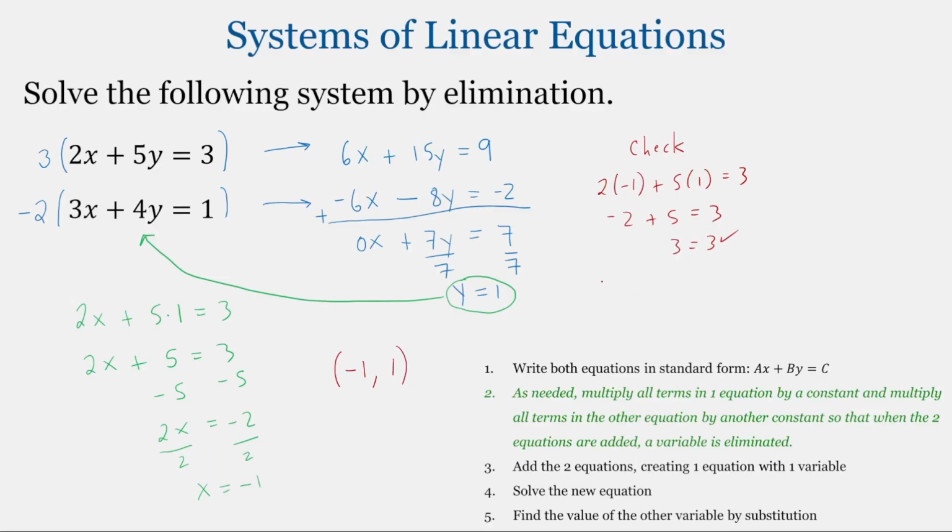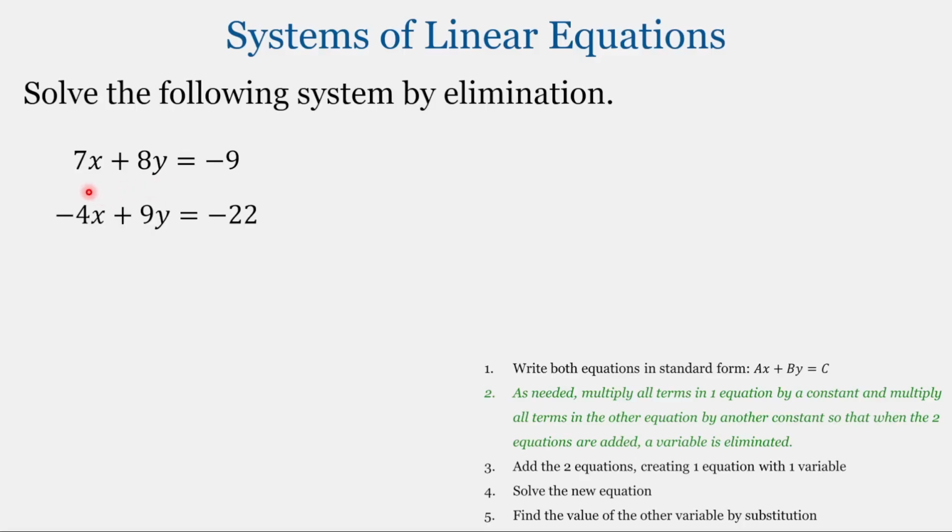With the second equation, we have 3 times negative 1 plus 4 times 1 equal to 1. Negative 3 plus 4 equal to 1. 1 is equal to 1. So the solution to this system is an ordered pair, x, y, where x is negative 1 and y is 1.